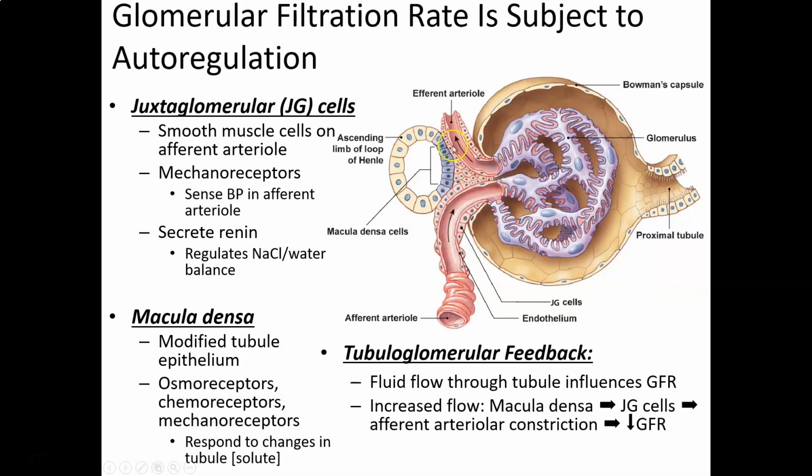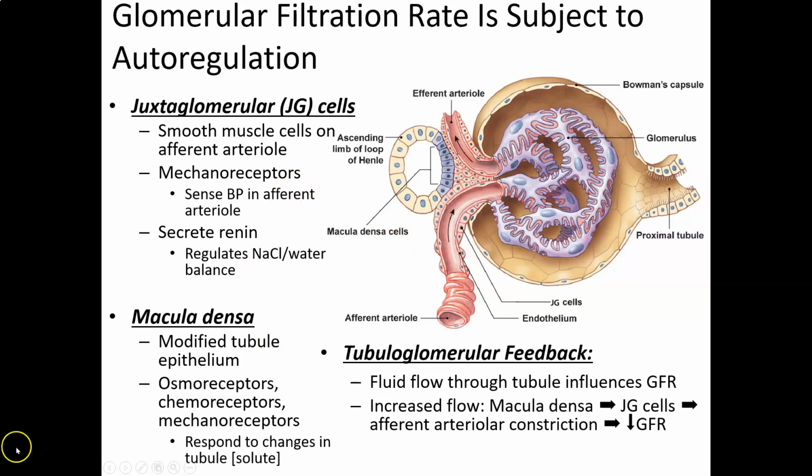So those are the JG cells. The macula densa is this purplish dark area here. Those are modified tubule cells that physically contact the arterioles. And again, they have osmoreceptors, chemoreceptors, and mechanoreceptors that look at that tubule lumen and also sense what's in the arterioles and are able to adjust things that way.